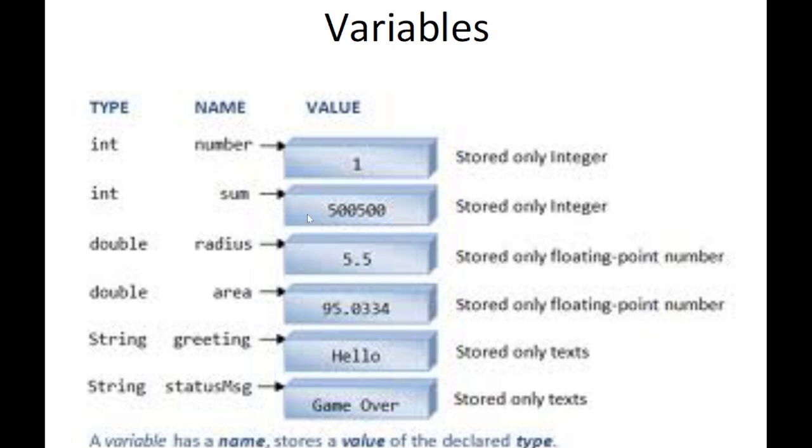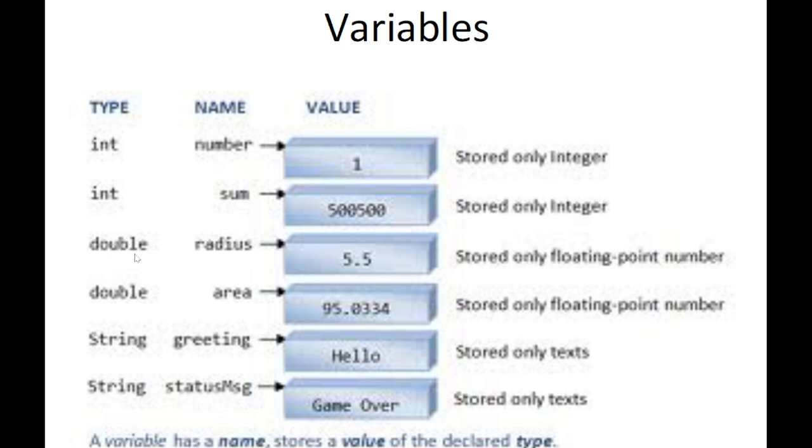Int sum, again, stores only an integer. An integer in the Arduino environment is, I think, a 2-byte memory location, but I can confirm during the lecture. Int means 2 bytes, but depending on the compiler, it can be 4 bytes as well.